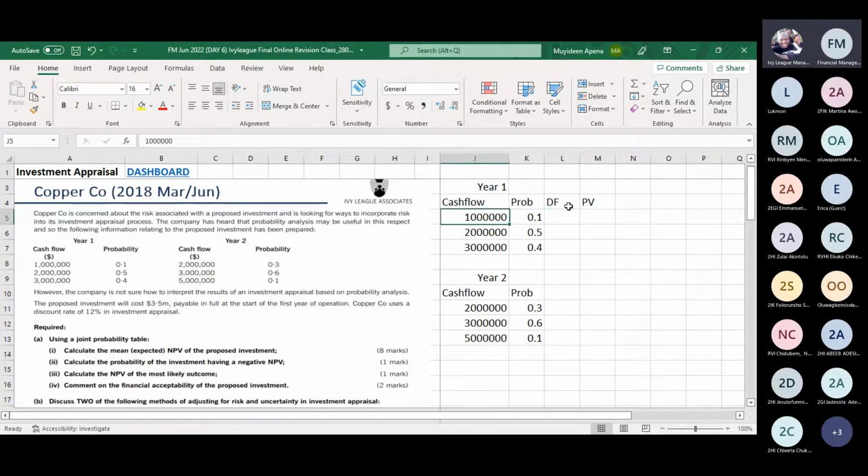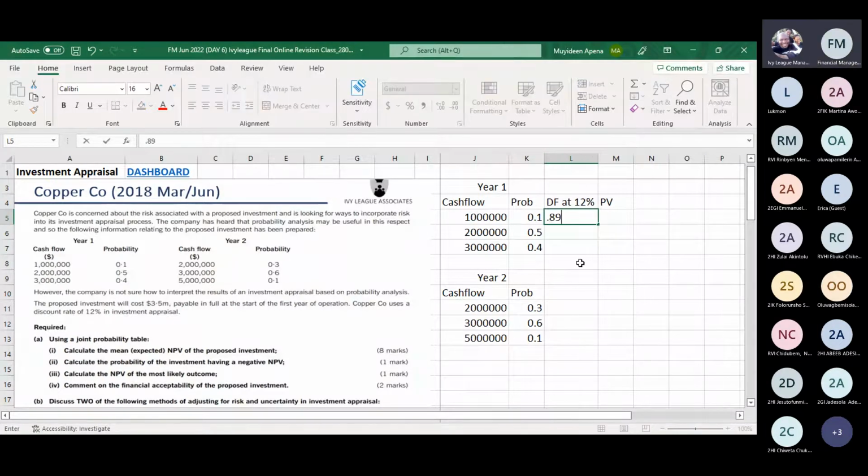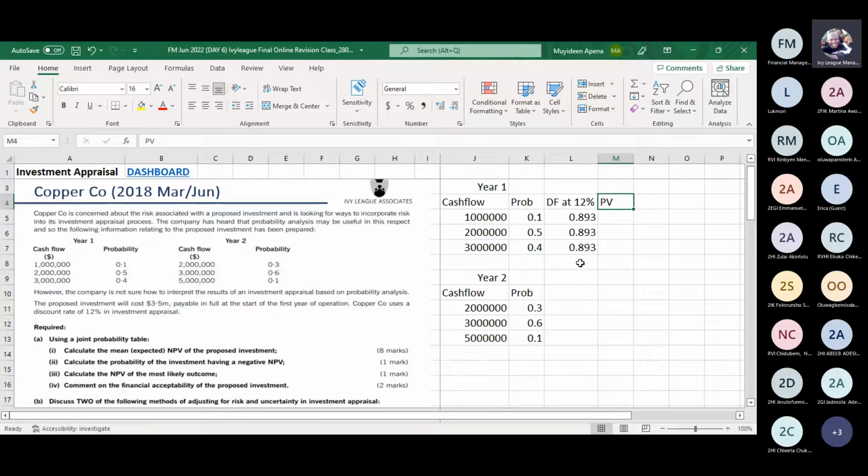1 million at 12% in year 1. What is the discount factor at 12% in year 1? 0.893. Which means we're going to use 0.893 for all of them and get their present values. So 1 million times this will give us this.